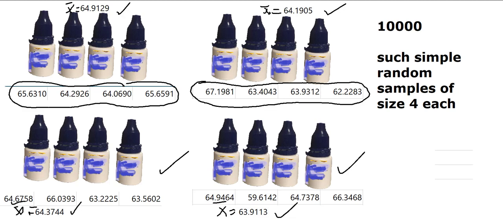Just for interest, we may note that we have 16 observations here and only one is showing contents of less than 62 drops. Now let's see how many of these 10,000 samples of size 4 show an average value of less than 62 drops.